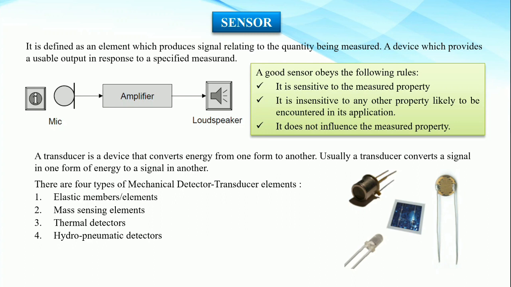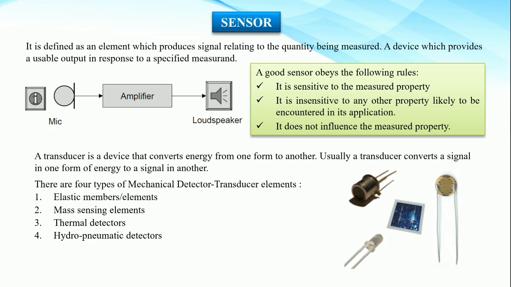So first of all we are going to discuss the sensing element, that means the sensor transducer stage. When we talk about sensors, we necessarily deal with the techniques and hardware used to sense the quantity we wish to measure in any kind of digital instrument.